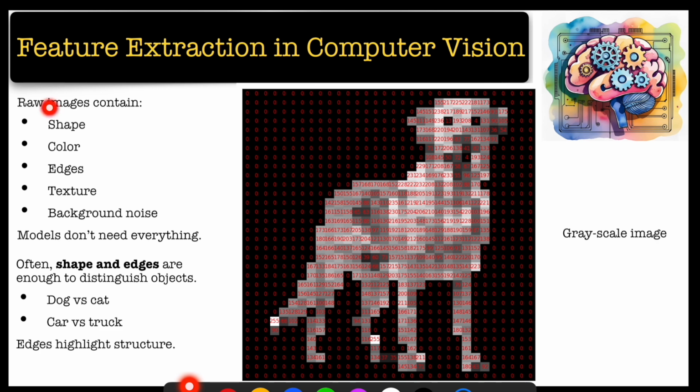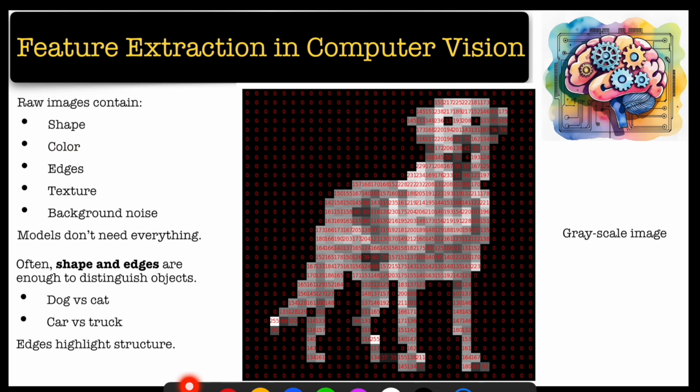The raw image contains shape, color, edges, texture, background noise and all. If you are training a computer to see the image, it doesn't need everything. It depends on the task. If you want to classify an image, we don't always need the color.